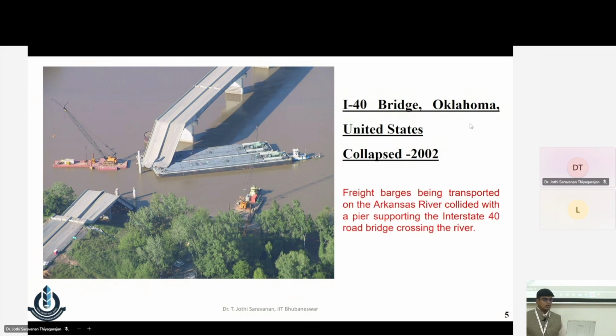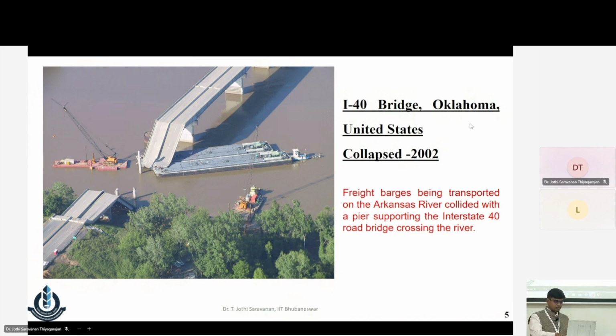It was because of the collision of a freight barge with the pier, and the whole bridge deck just came down. The freight barges being transported on the Arkansas River collided with the pier supporting the Interstate 40 road bridge crossing the river. I think this is quite an important problem that we need to look into.